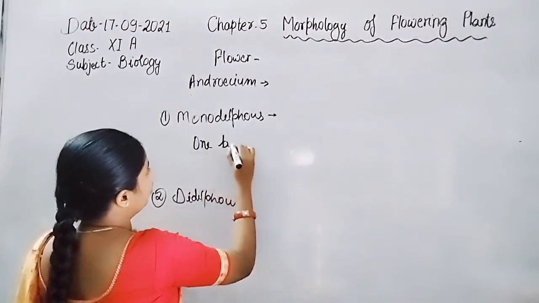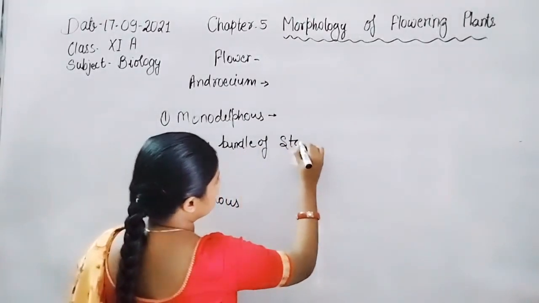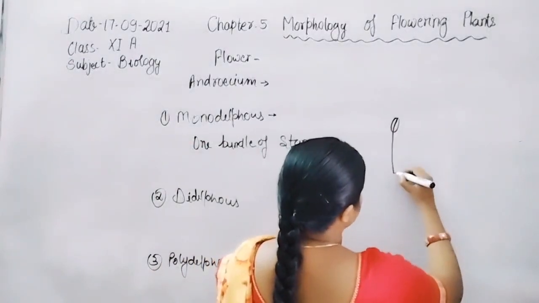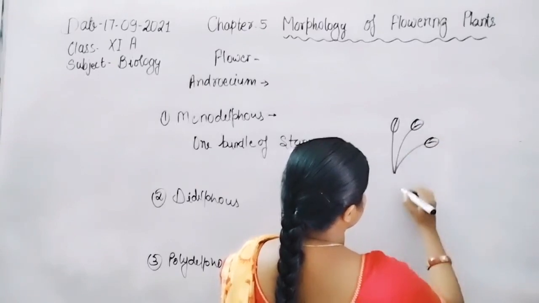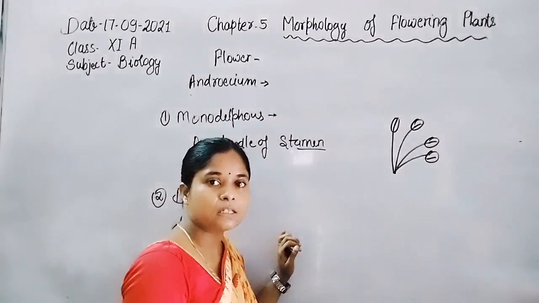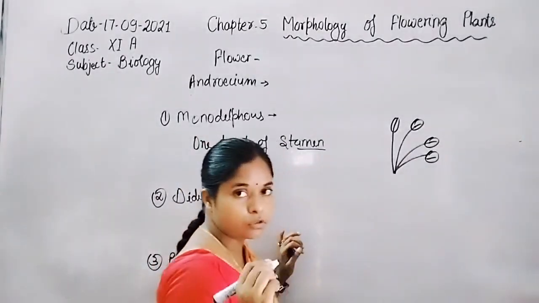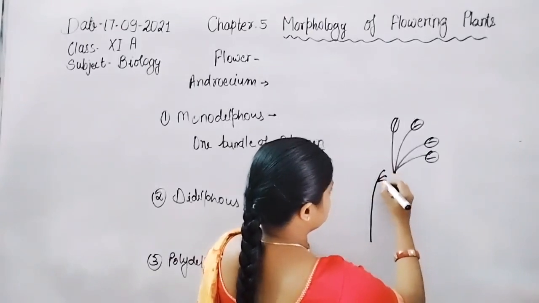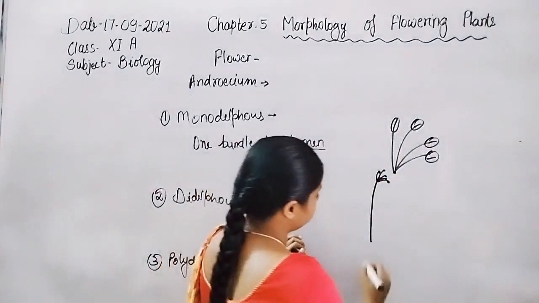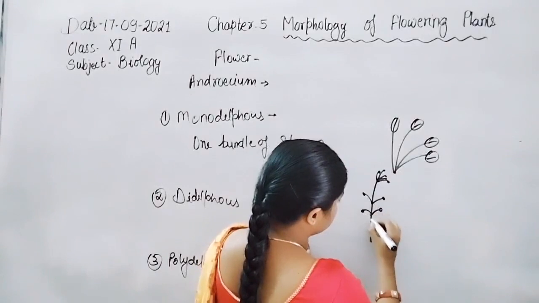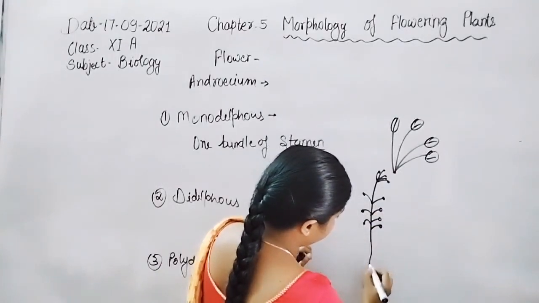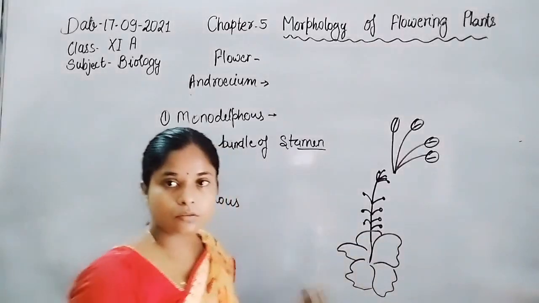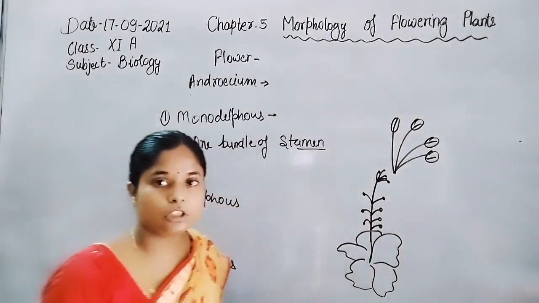Such a type is known as monodelphous, as in the case of hibiscus or China rose, where the stamens are present in one bundle.